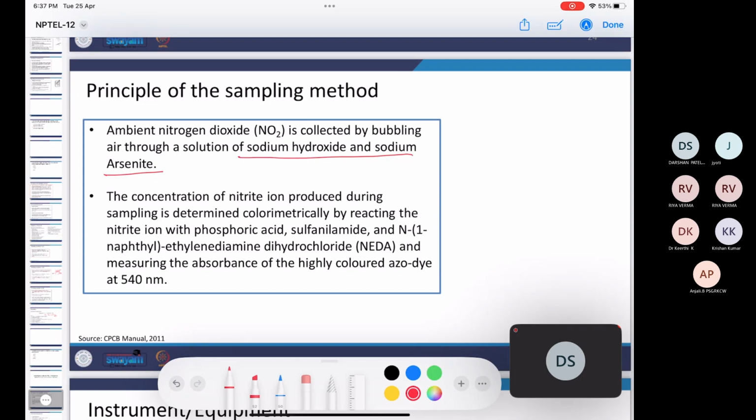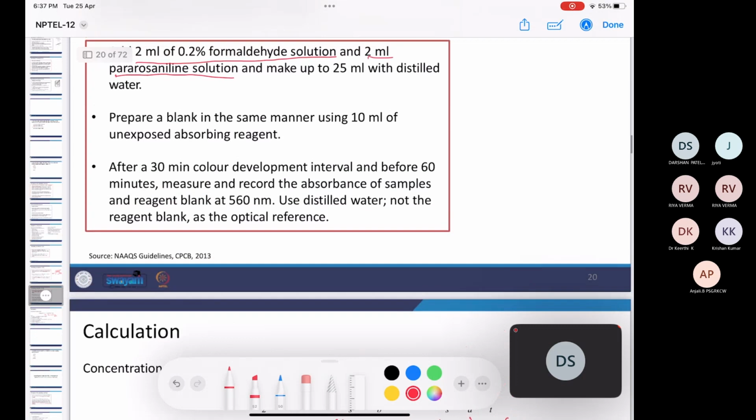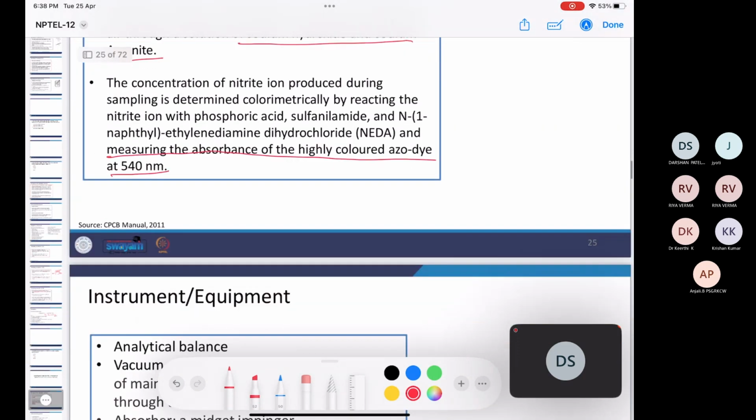So for that, we let it react with these chemicals that are given here, NEDA, sulfanilamide and phosphoric acid, and then we measure the absorbance of the highly colored azo dye at a wavelength of 540 nanometers. For SO2, the wavelength was 560 nanometers, and here we have the wavelength as 540 nanometers.